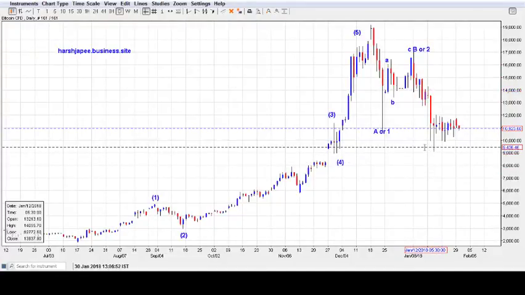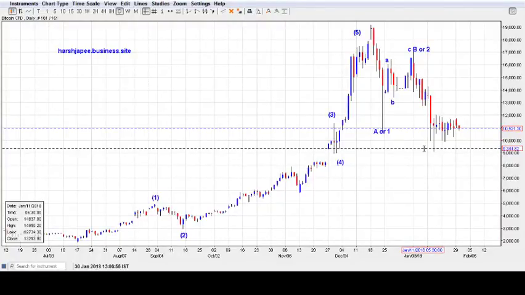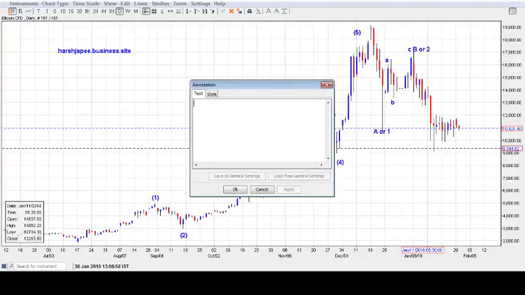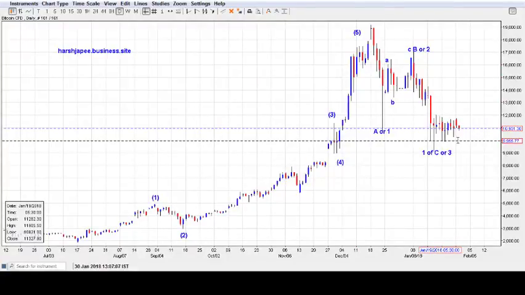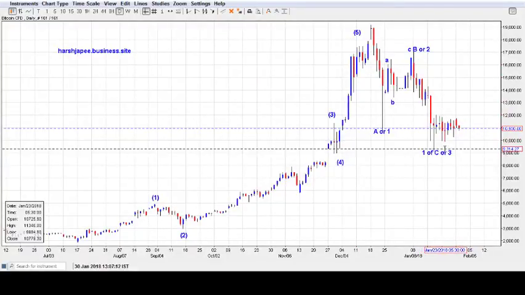So should we plot 1 of C, or the third wave right here? And what is going on after that has been a triangle consolidation.